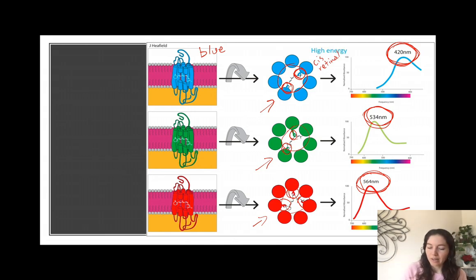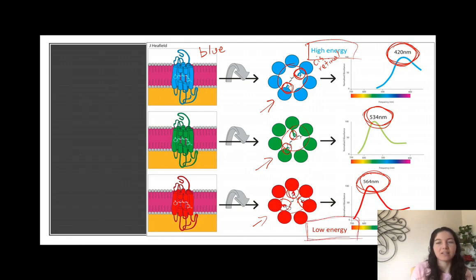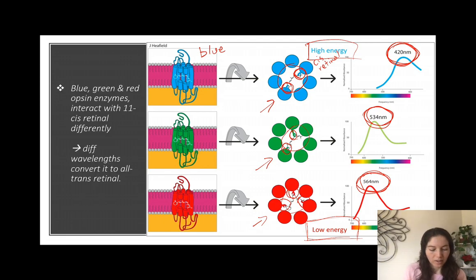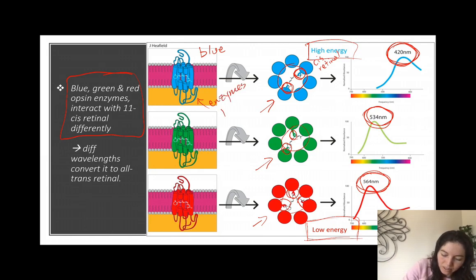Okay, so here we have a high energy radiation, and this is low energy light, or red light. We're going to learn about this in just a minute, how to know which one's high energy and which one's low energy. Okay, so here's an overall. Your blue, green, and red opsin enzymes, these are your enzymes or proteins right here. Enzymes, proteins, they're the same thing. Don't be confused by that. Enzymes are proteins.